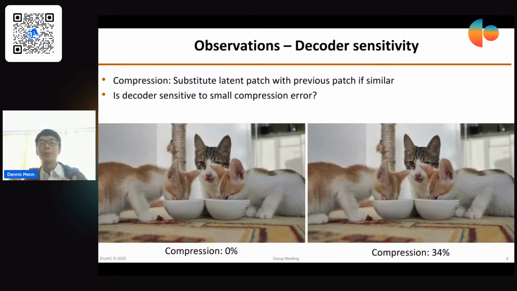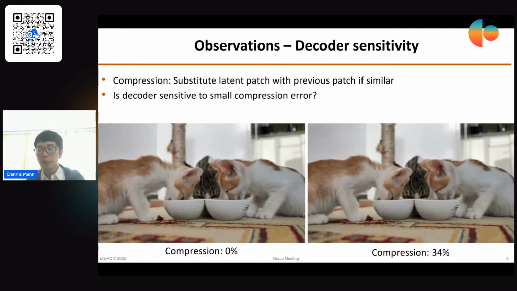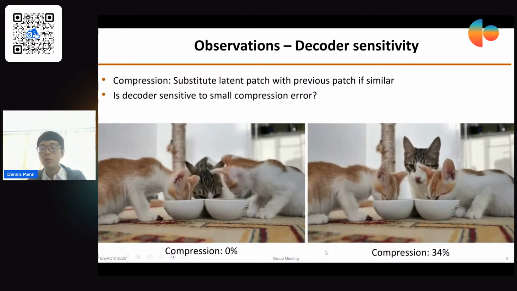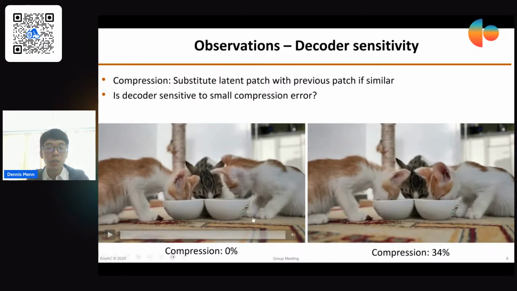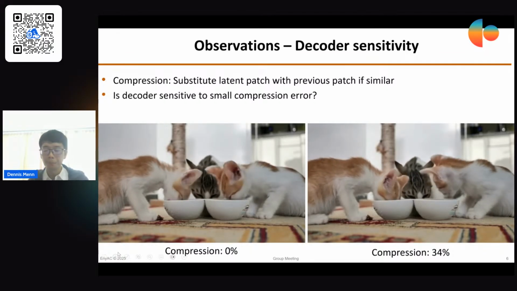You can throw the duplicated patch away instead of editing it. And you can see the result actually looks pretty good. Even after compressing by 34%, you do not see a huge difference from the uncompressed result.